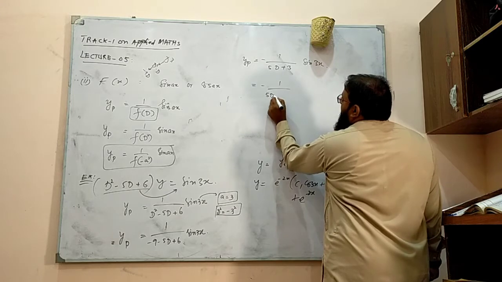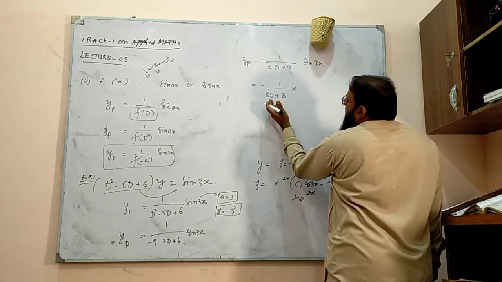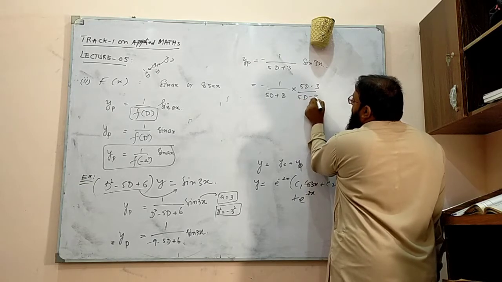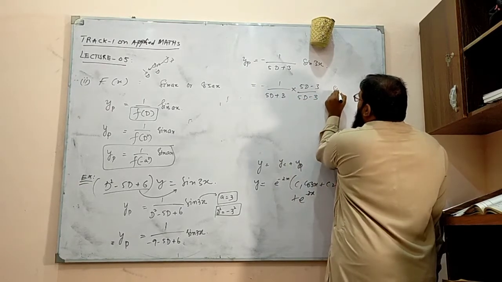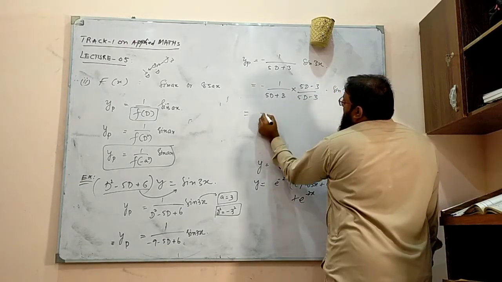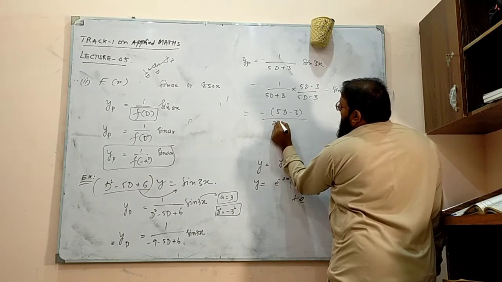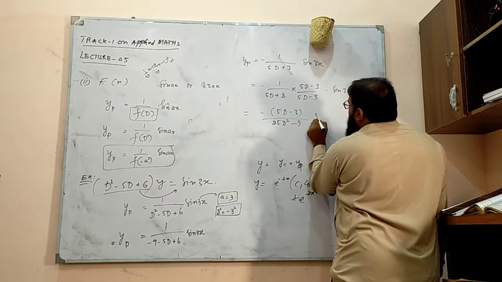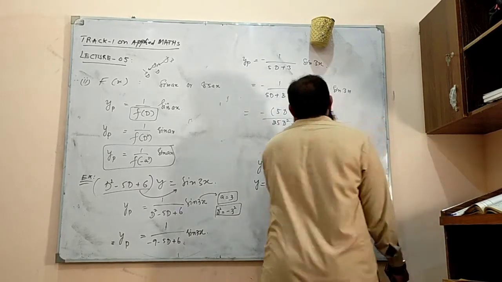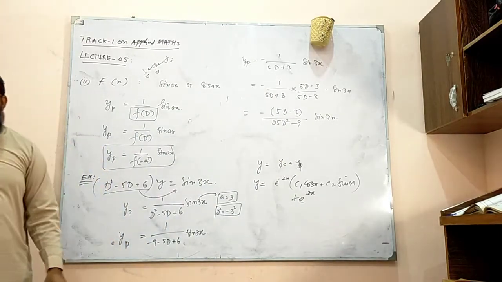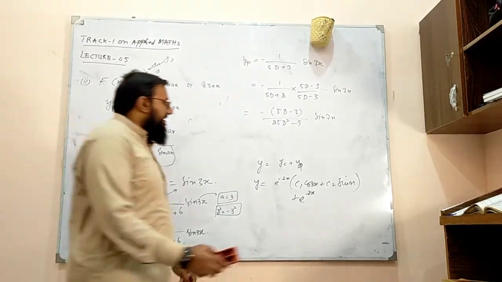Minus 5d plus 3, we rationalize or apply some method like this to make it d square. Sin 3x, then this becomes minus 5d minus 3, over 25d square minus 9, sin 3x. Then you put d square equal to minus a square and you will solve the remaining problem easily.